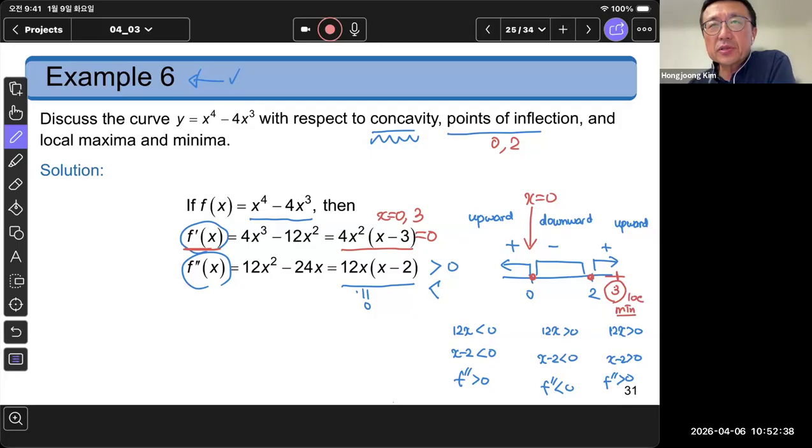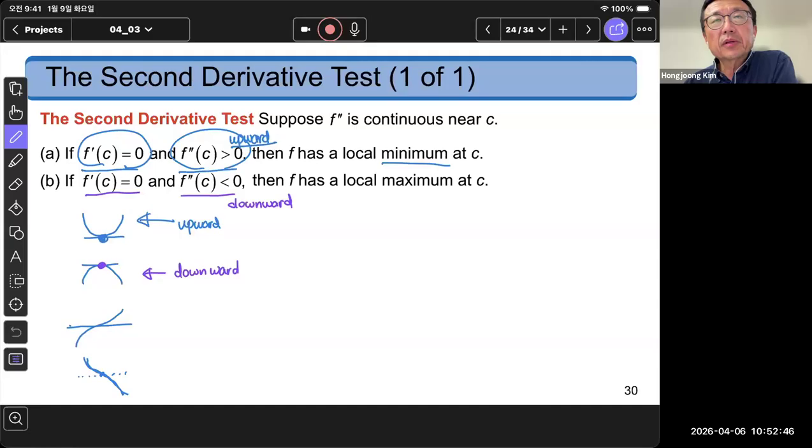Then what happens at 0? The theorem does not tell you. Okay, so the previous theorem tells you that if f prime is 0 and f double prime is either positive or negative, then we can tell, I mean, you will have a local maximum or local minimum.